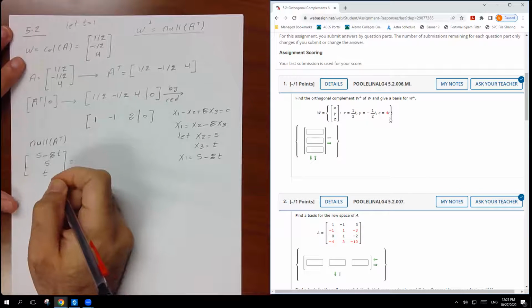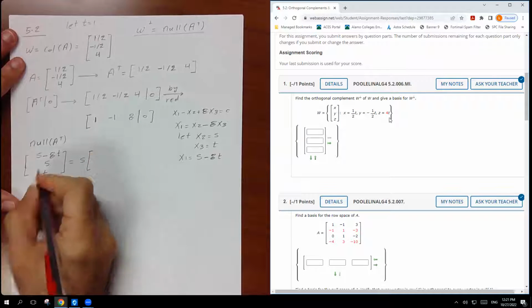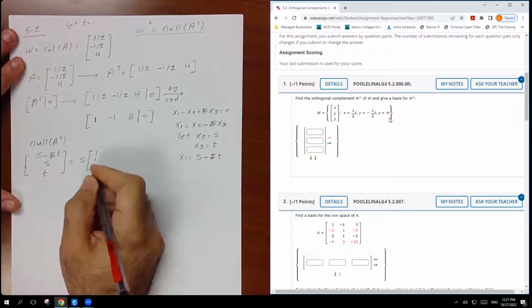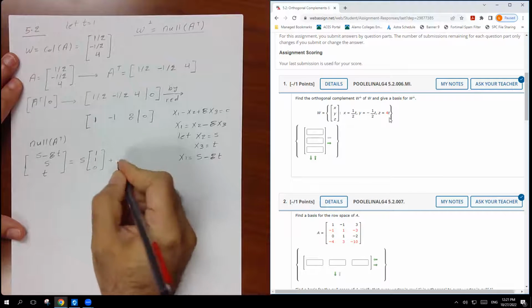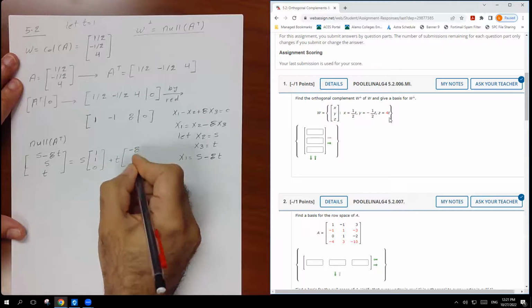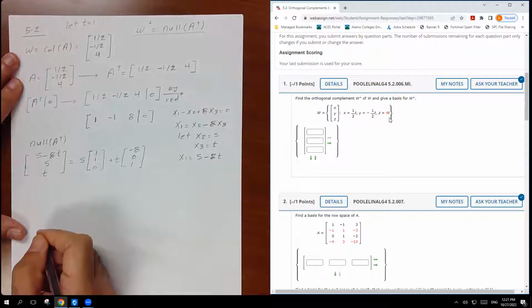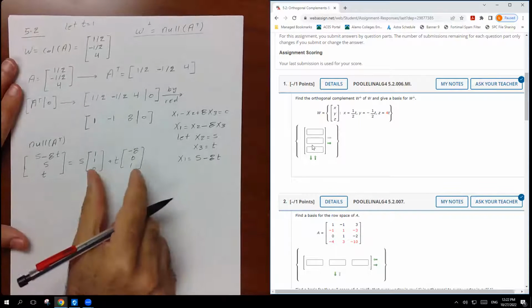This is the null space of A transpose, which is equal to s times 1, 1, and 0, plus t times negative 8. There is no t on the second row, and there is 1 on the third row. Here we're going to write down the base, which is our solution. Now we need to find the base, which is these two columns.